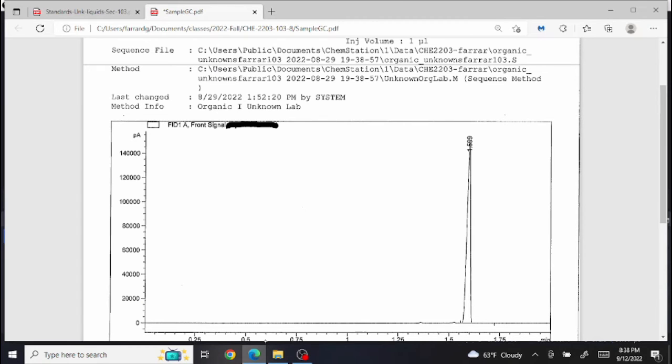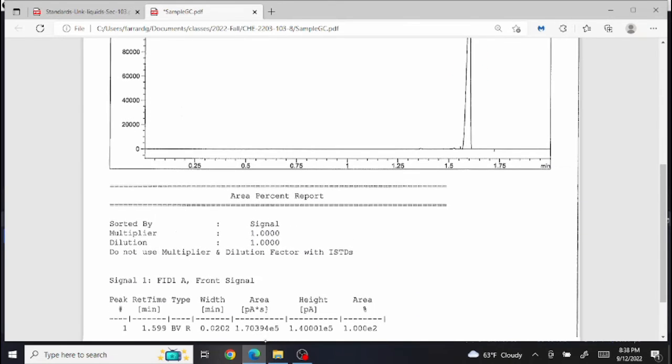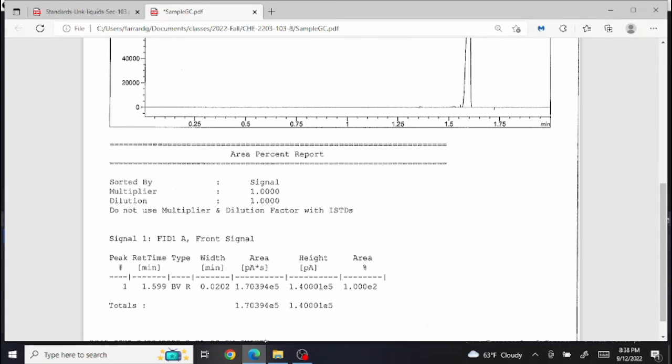So we have a chromatogram here. To identify what compound this is, we could look at the retention time, either here, or if that's a little hard to read because of the overlap with the peak, we can come down below. And we see a retention time of 1.599 minutes. And the units are here as well as there.